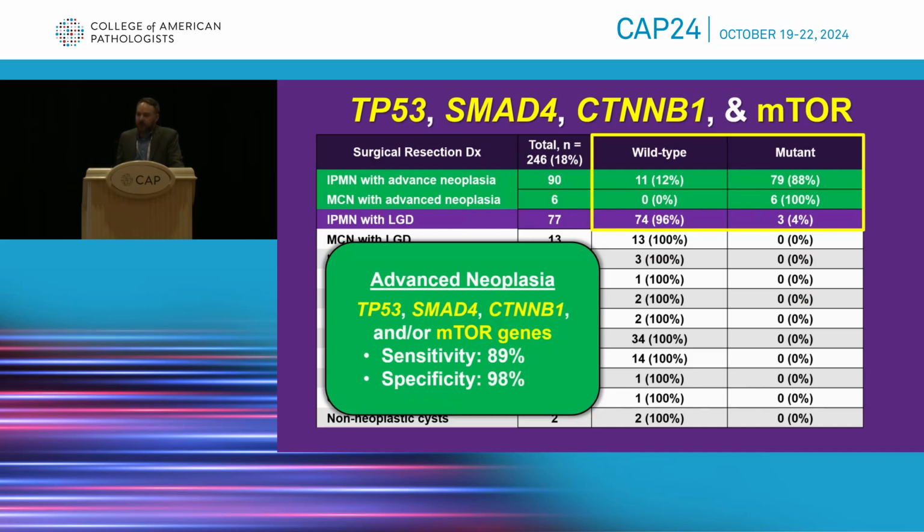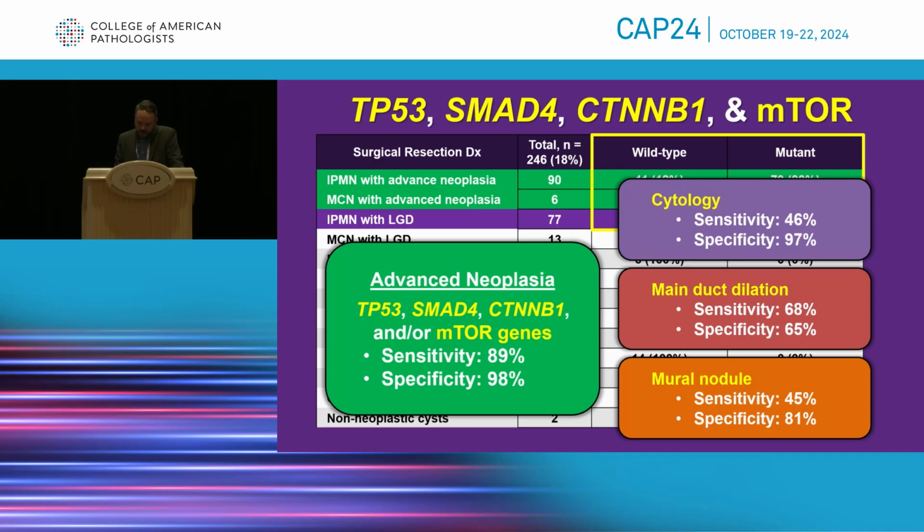Now looking specifically at advanced neoplasia, and this is where we're really going beyond even what cytology could tell us, because it's so difficult to detect high-grade dysplasia. Looking at alterations in these four genes, you could detect advanced neoplasia with a sensitivity of 89% and a specificity of 98%. Comparing to cytology alone, it's very specific.